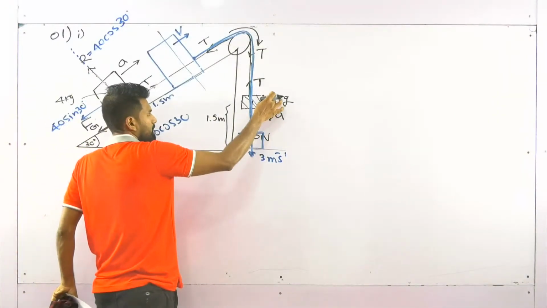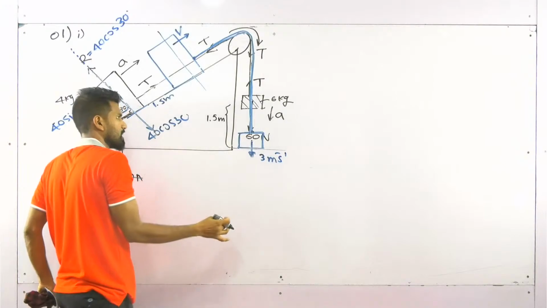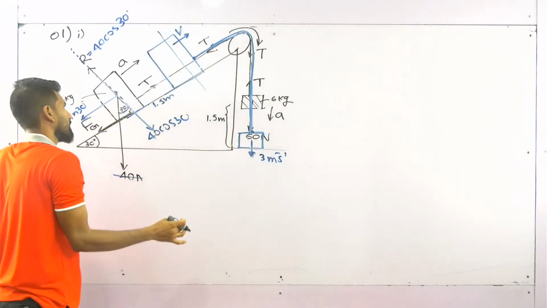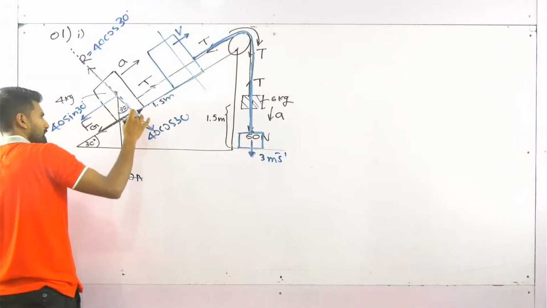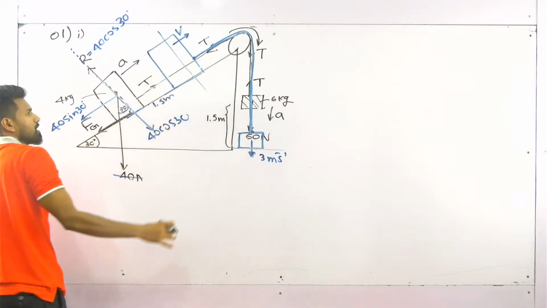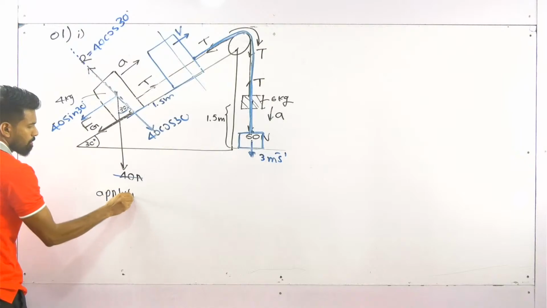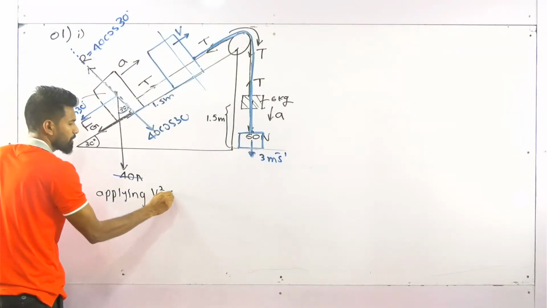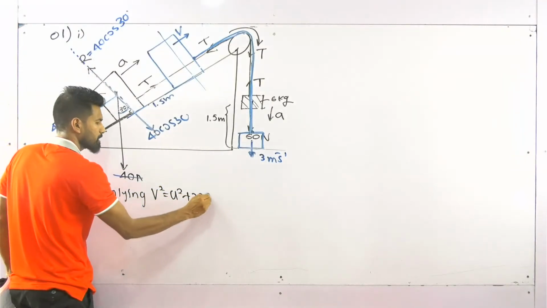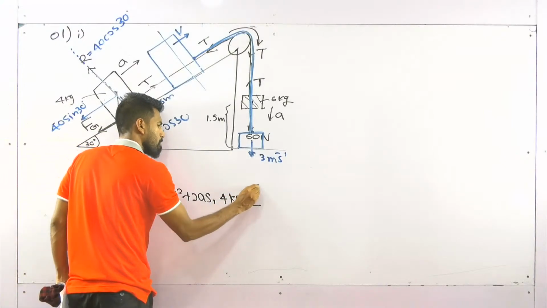When this 6 kg block reaches the ground, passing a 1.5 meter distance, as the string is inextensible, this 4 kg will also move 1.5 meter up the plane. Applying v squared equals u squared plus 2as for the 4 kg up the plane.